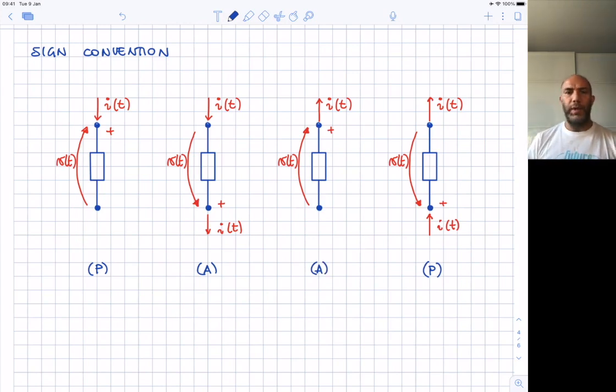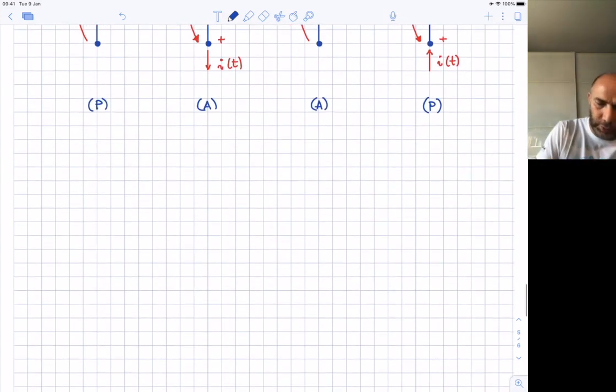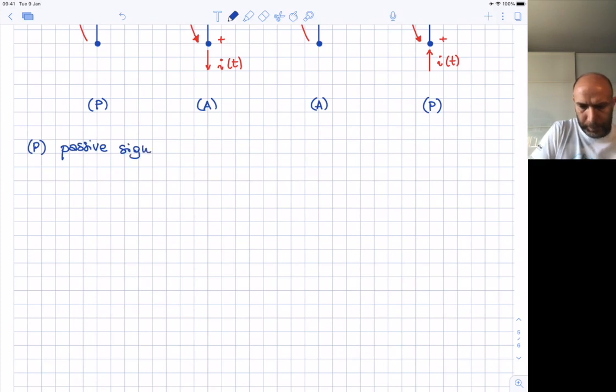Now, we give a definition of these two combinations. The P combination is called passive sign convention. The current flows inside the plus terminal.